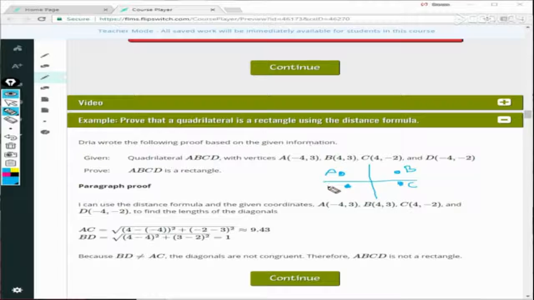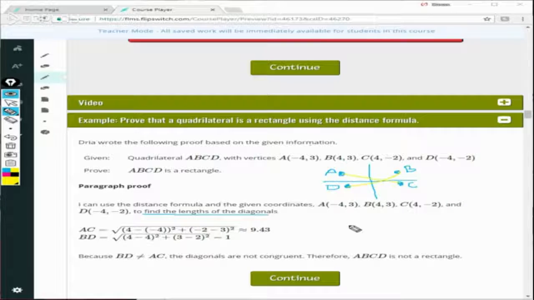Okay, so roughly it looks like a quadrilateral. I'm going to use a hint here, and it's finding the lengths of the diagonals. So, was she right in connecting our diagonals? AC, yes, that is a diagonal.